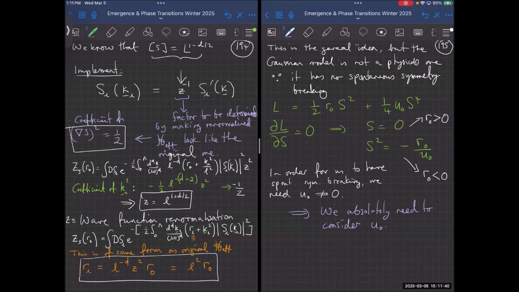So we absolutely need to consider u naught, but u naught goes to infinity as little t goes to 0. And so the solution, we do perturbation theory in non-integer dimensions.